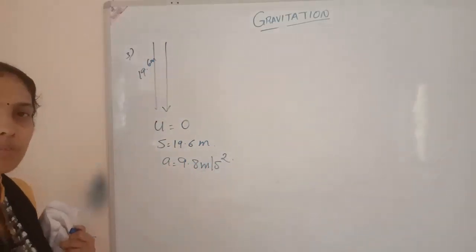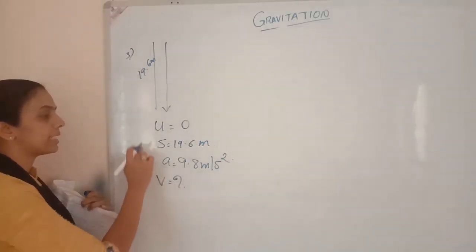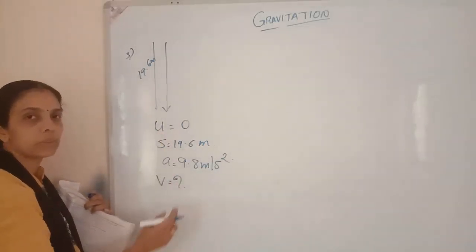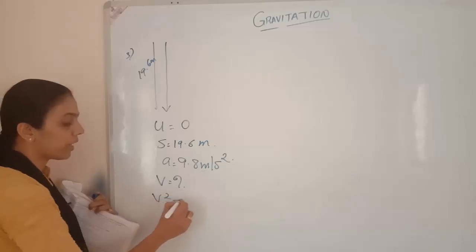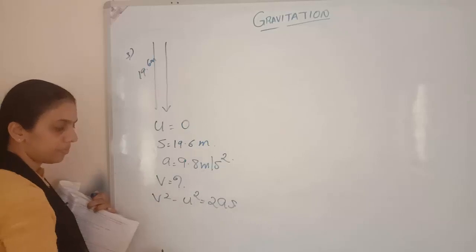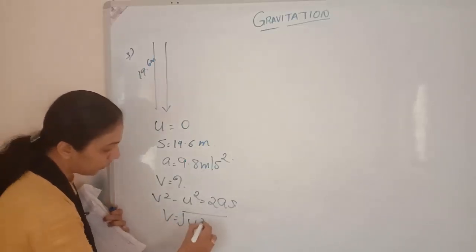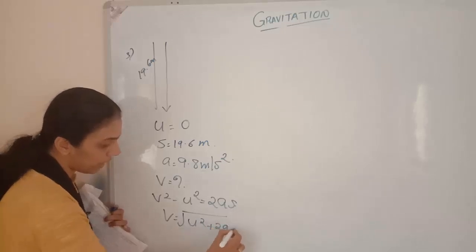We should find out the final velocity. What is the formula? Relating all these four quantities, the formula we know is V square minus U square equals 2AS. Therefore, V equals root of U square plus 2AS.